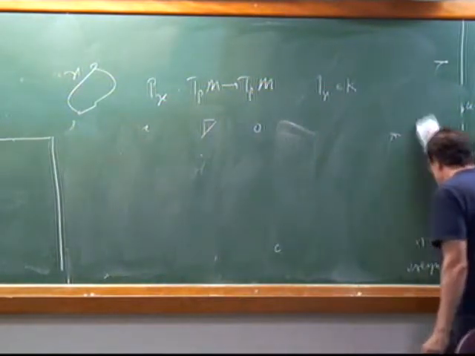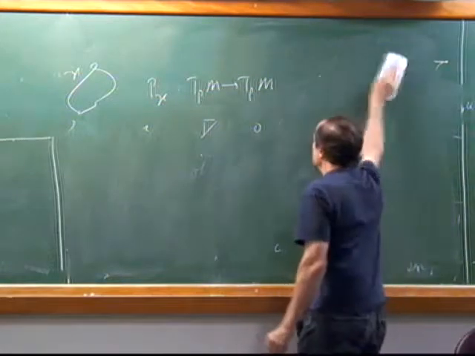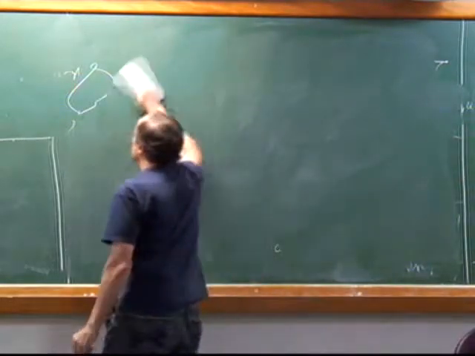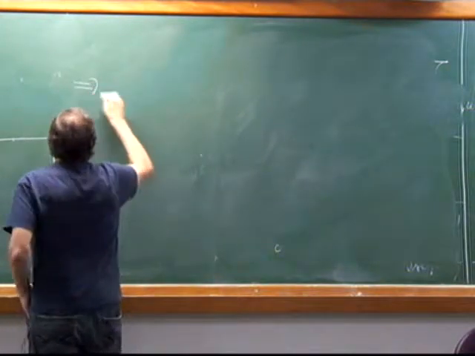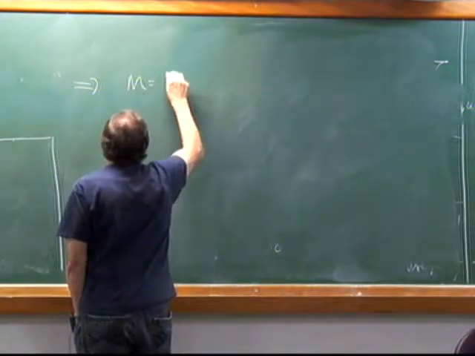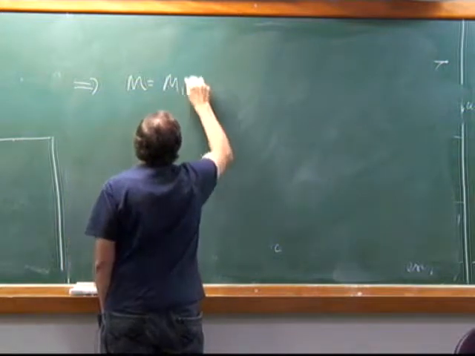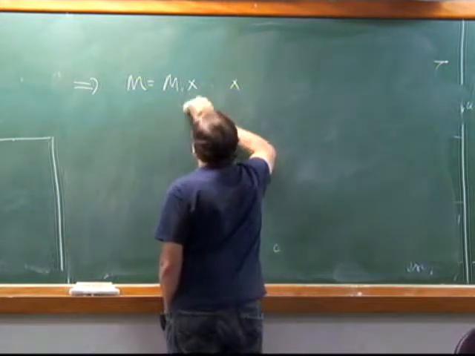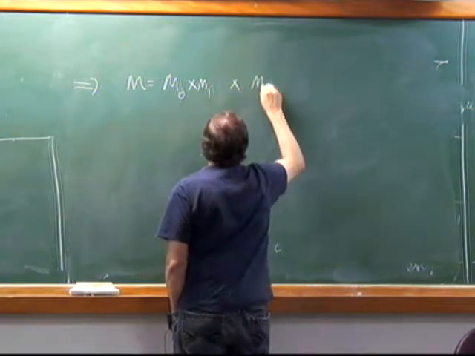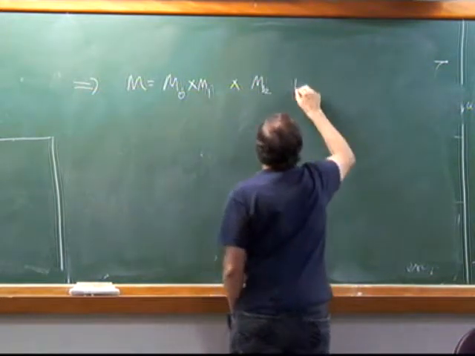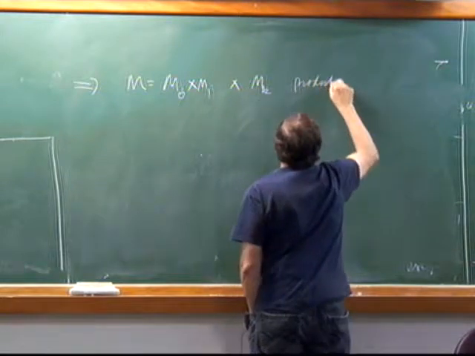That's my setup. I take my tangent space and split the action of the holonomy group into irreducibles. And what's the conclusion? The conclusion is that M is equal to M0 cross M1 cross ... cross MK, in the sense of a product metric.